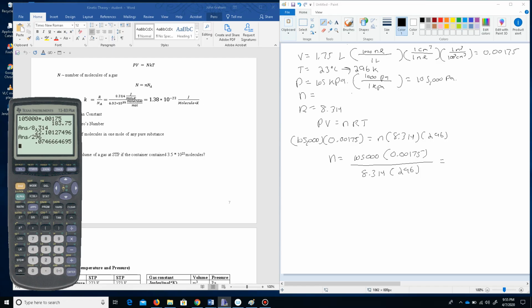And we get 0.075. 0.075 moles. There we go.